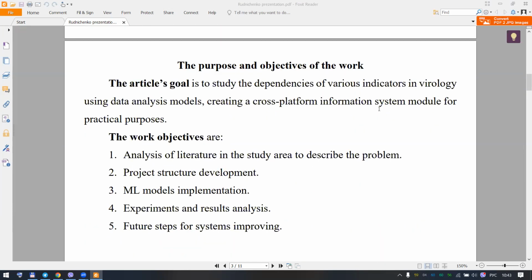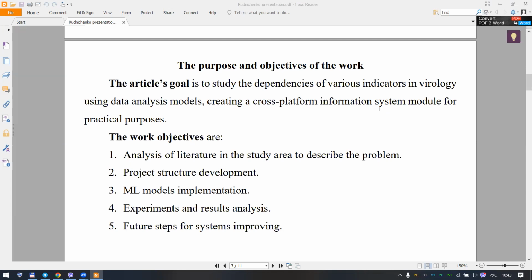The purpose and objectives of the work. The article's goal is to study the dependencies of various indicators of virology using data analysis models, creating a cross-platform information system model for practical purposes.